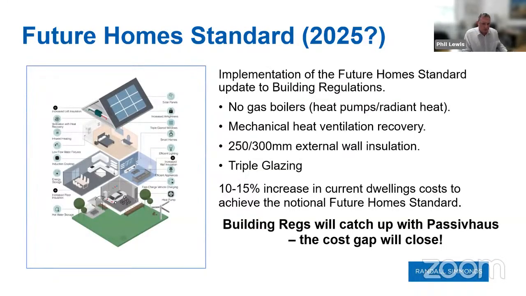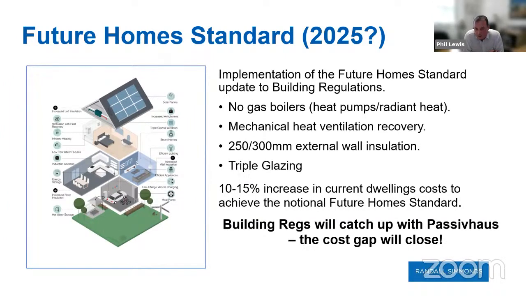Another note on the future. I'm not absolutely 100% convinced it's going to be 2025. In England and Wales, we've got the Future Homes Standard. If you look at what it's going to provide, or we hope is going to provide, it looks pretty similar to what we're going to be delivering with Passive House.